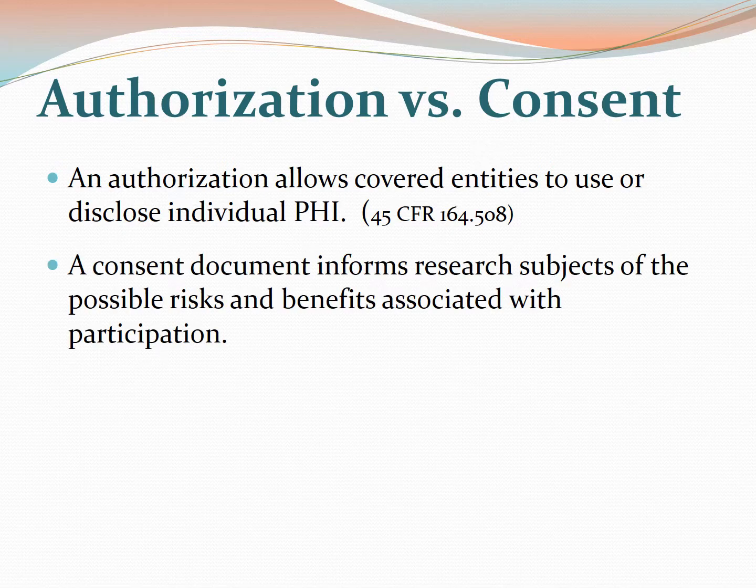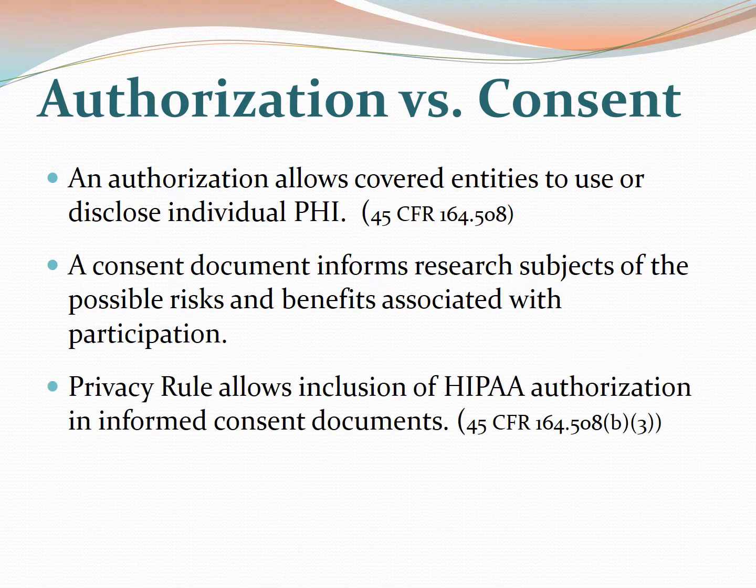The consent document, when we've been talking about the consent form through all of these classes, is used to inform research subjects of the risks and benefits associated with participation. So the authorization allows the covered entity to use that PHI. The consent form is simply that document by which we talk about the risks and benefits of participation.